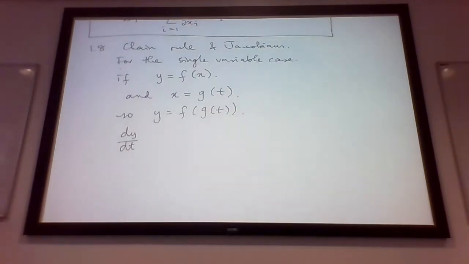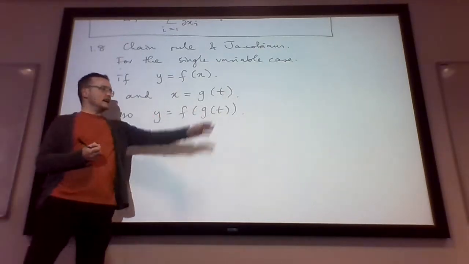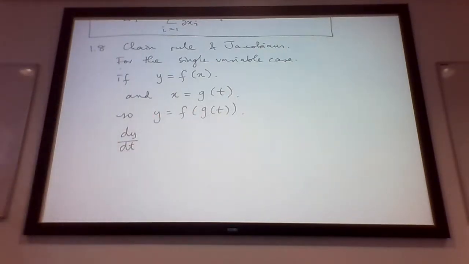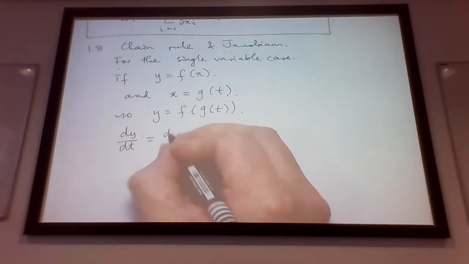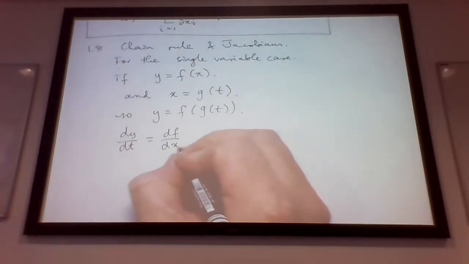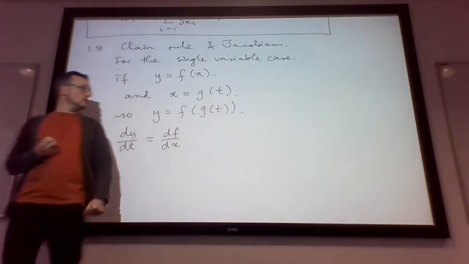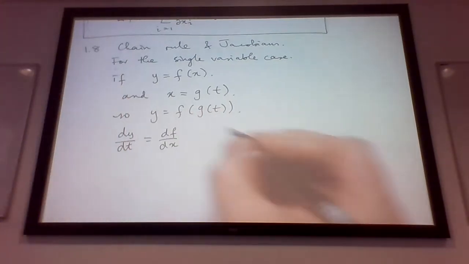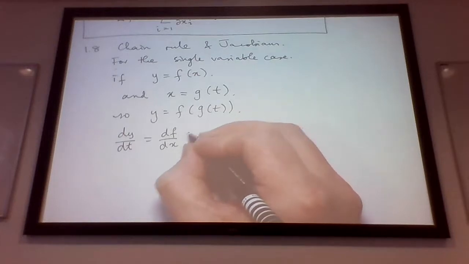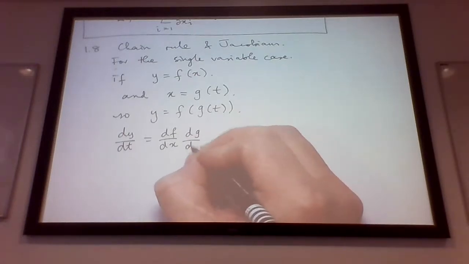And everybody knows how to obtain the derivative dy dt. You do it using the chain rule that you have for single variable functions. So you differentiate the outer function first of all, which would be the derivative df dx, and then you multiply that by the derivative of the inner function, which is your g of t function. So this would be multiplied by dg dt.